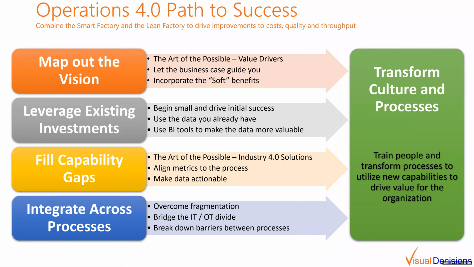And part of that is just mapping out the vision, understanding how you are actually going to derive value from implementing these solutions. What we do first with our customers, and I'll get more into this, is start with the main objectives that you have as an organization, and understand the key impediments to that performance.